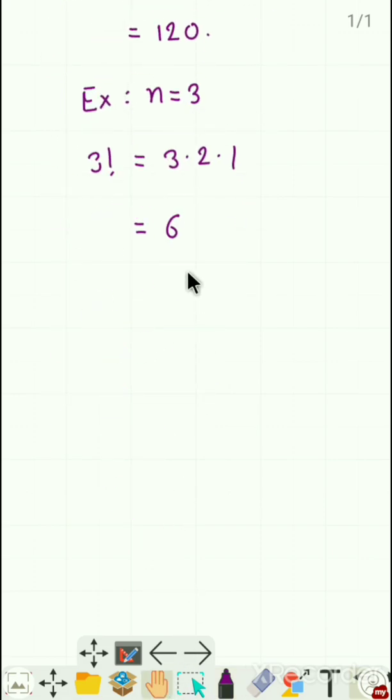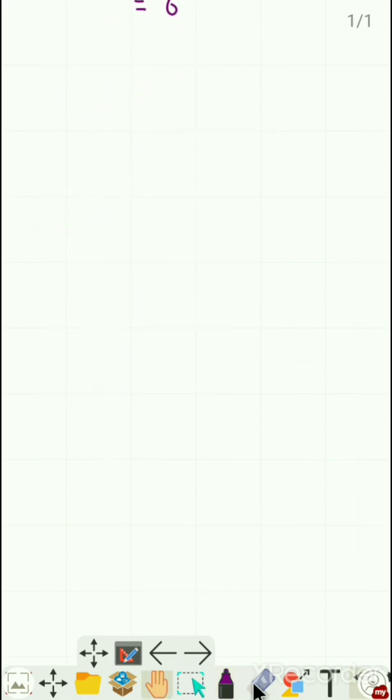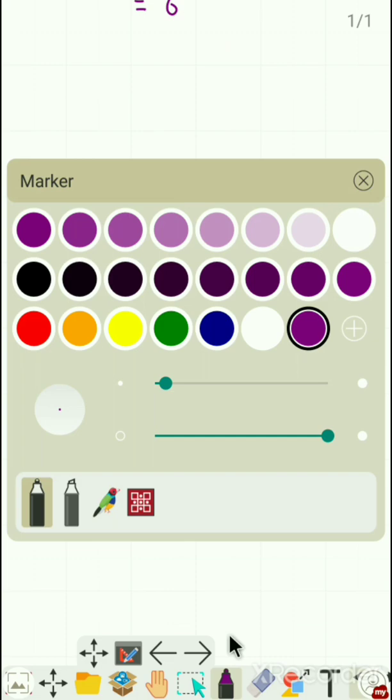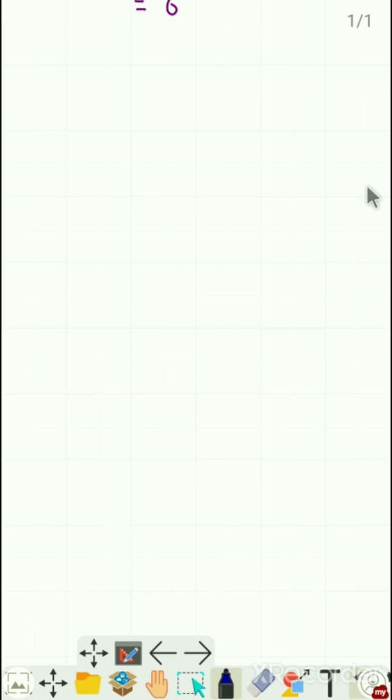Okay, so this is our factorial notation, and let us go to our main topic, which is permutation. Permutation means the arrangement. There are many ways of doing permutation.